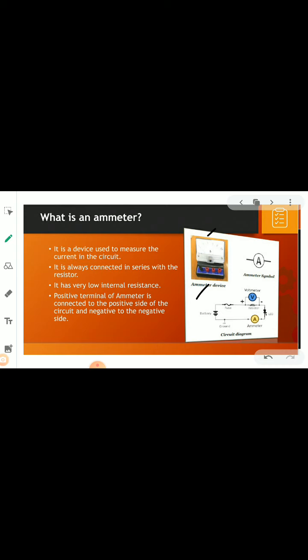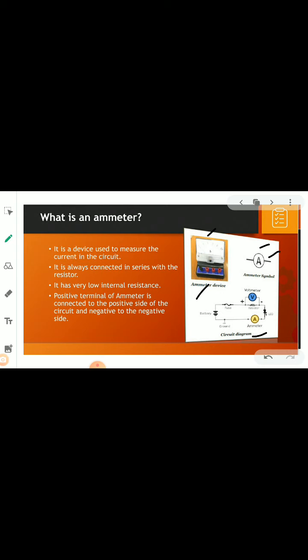You can see the ammeter in the picture. This device is used to measure the electric current. While drawing the circuit diagram, we cannot draw this device. In place of this, we note the symbol. The symbol is capital A, given for the ammeter.